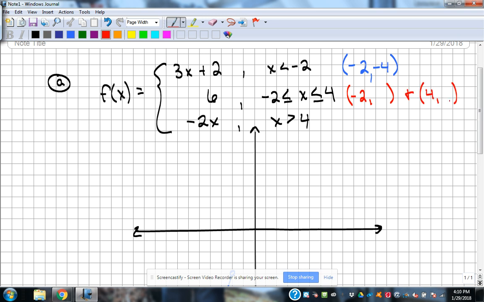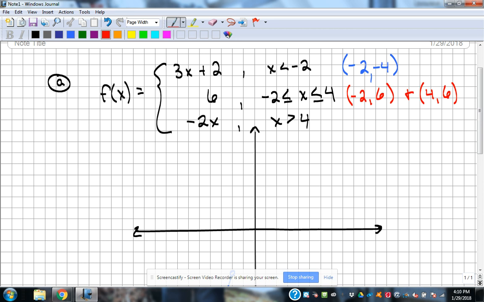So what we need to know is the y value that goes with -2 for that part of the function. If this says y equals 6, that means y equals 6 no matter what x is. So that ordered pair is going to be -2, 6. And the other ordered pair, the other important point, is also 6 for the y value. If there had been an x in that part, we would have plugged it in and worked it out. Simple part there.